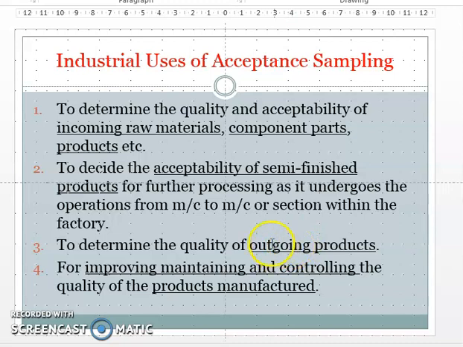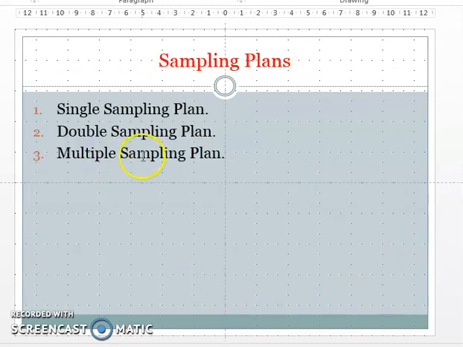Before that, you have to check again whether your outgoing product quality is good or not. And overall it is important for improving, maintaining and controlling the quality of the products manufactured. Now different sampling plans are there: single sampling plan, double sampling plan and multiple sampling plan.